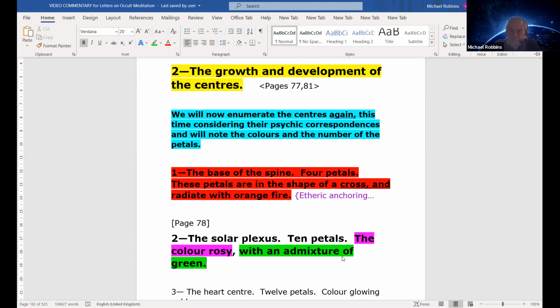Now this, the rosy color is red with a continued admixture of white, I suppose for gradual purification. Also, the chakras, if we study the introduction to a treatise on white magic, we'll see that they are divided into 3 types.